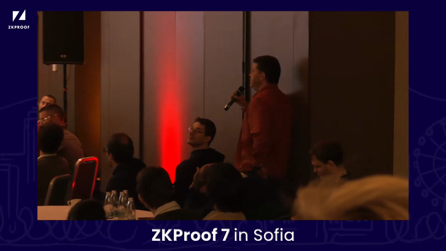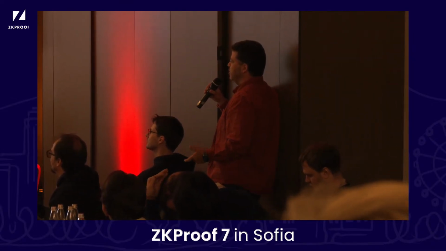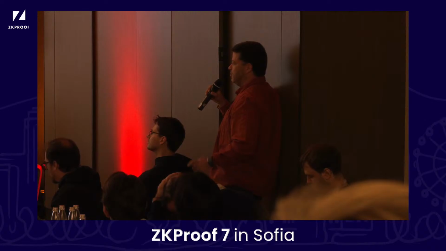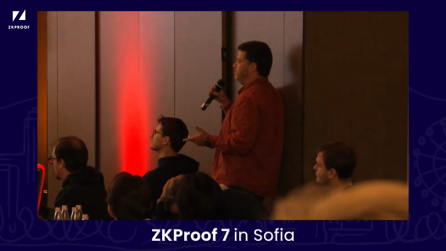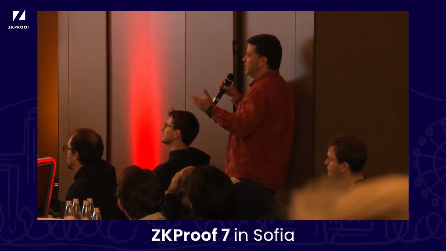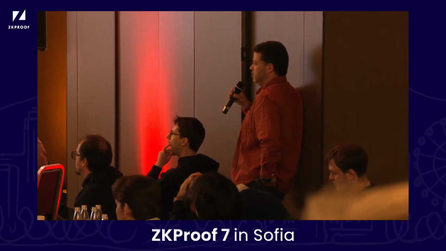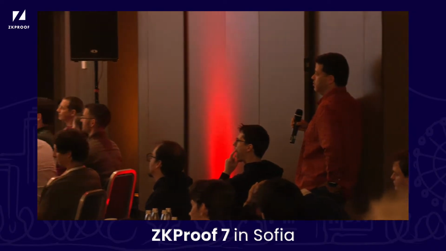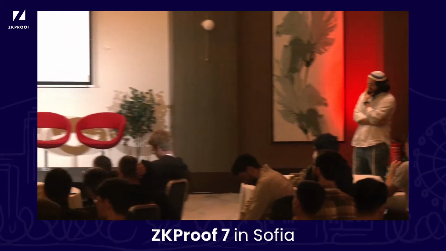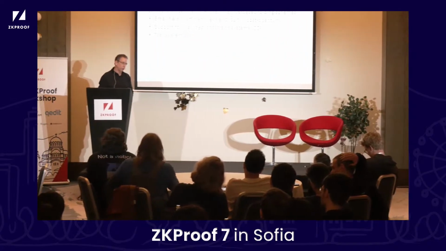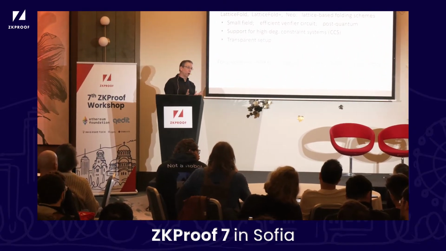Amazing work. You mentioned at some point in the extraction that you're using rewinding, and I want to ask about the compatibility with post-quantum. Is it post-quantum in the sense that it's classically secure and we don't know of an attack? Yeah, it's the latter. So there's a lot more work to do here.